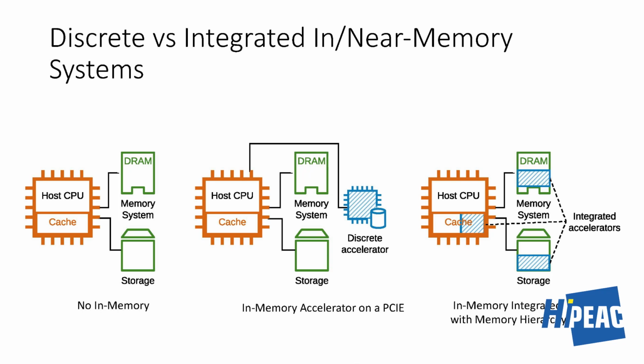So for instance, let's look at the cache. You can use cache way partitioning to partition the cache, and then a few ways which you dedicate for this can become a scratchpad which is managed by the runtime. But you still need some processing element that is doing the work here. Yes, we do need that, and we'll see how that looks.